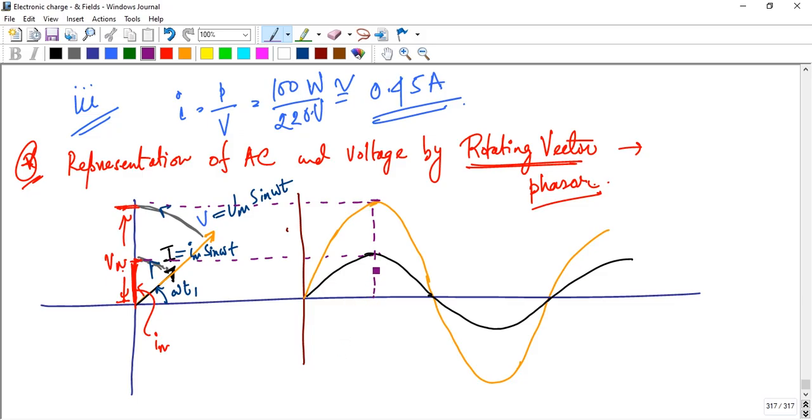Here the angle is omega t1, then pi, then 2 pi. That's the phasor diagram. This represents the voltage and this black line represents the current I.